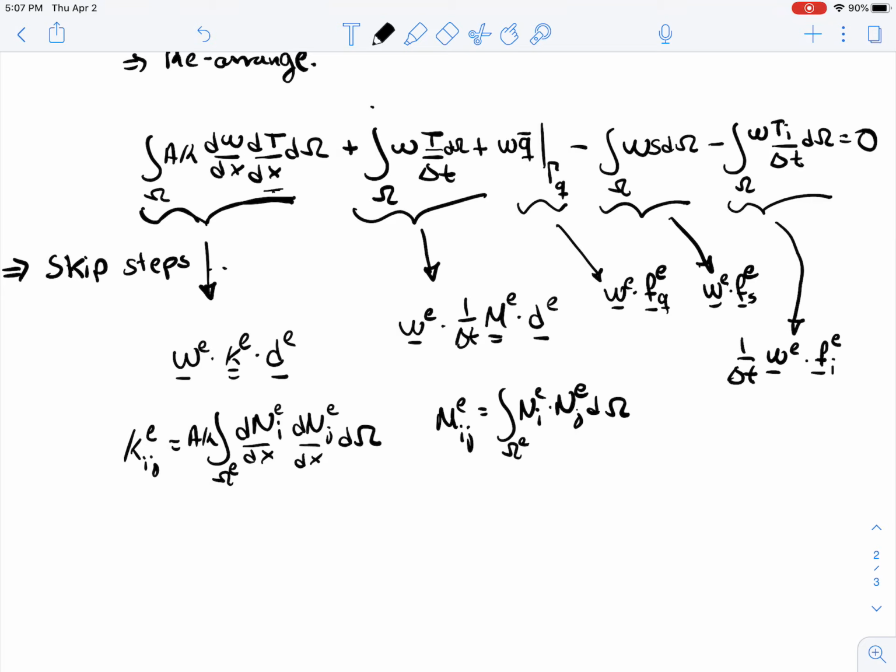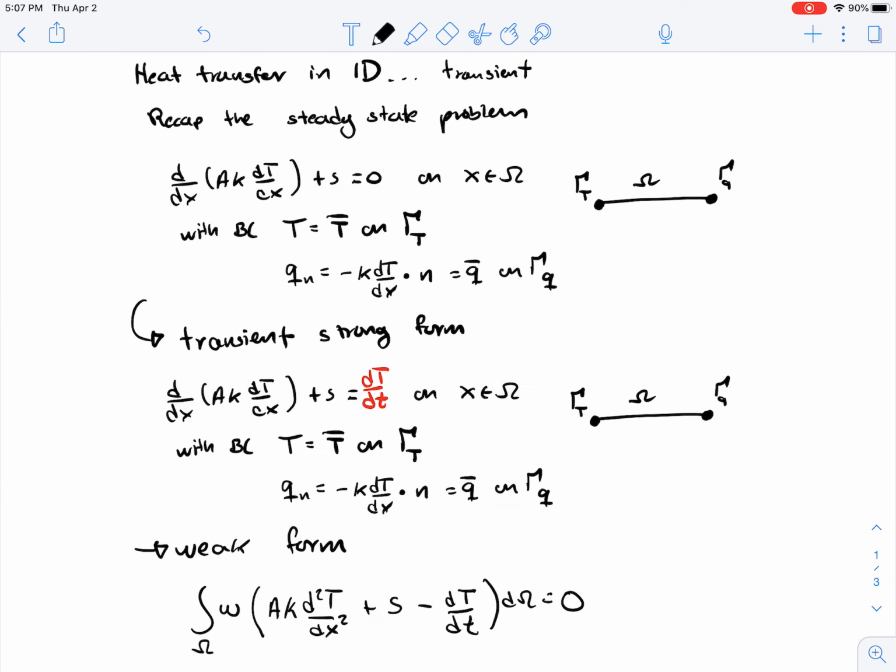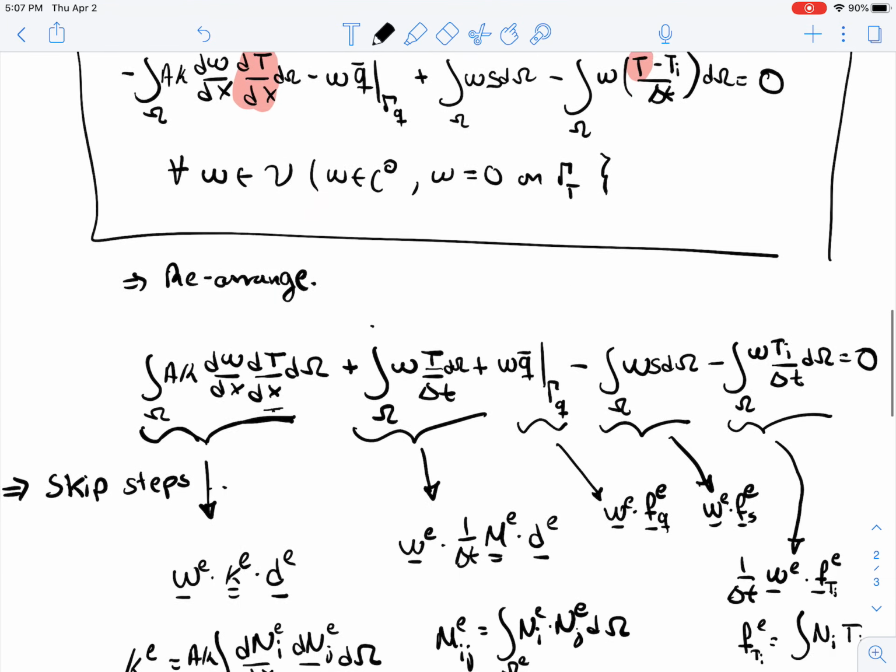And that just means the contribution from the temperature at the previous time step that I need to add for the current time step. And that fe is going to be the integral of shape function times the previous temperature.